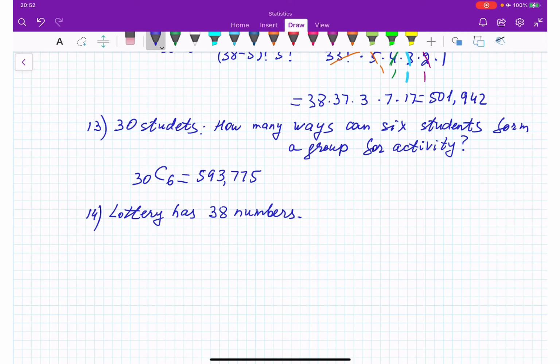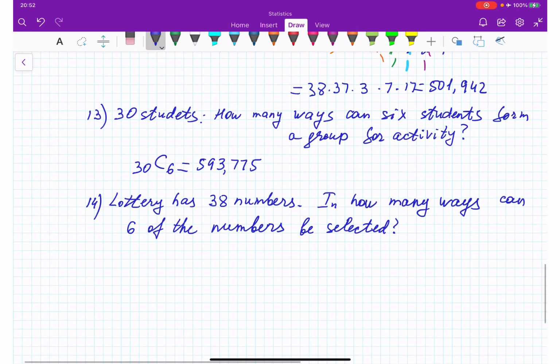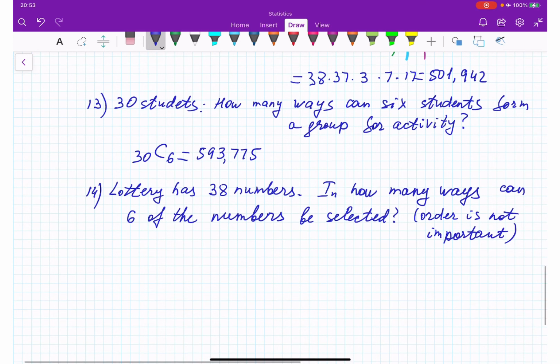In how many ways can six of the numbers be selected? It's asking, order is not important. Well, if it's not important, then it's clear what we're going to use, right? Then we're going to use combination, 6 out of 38.